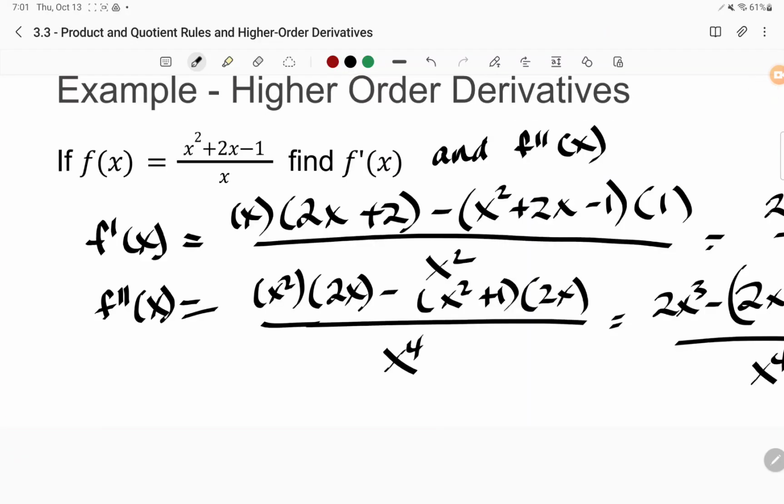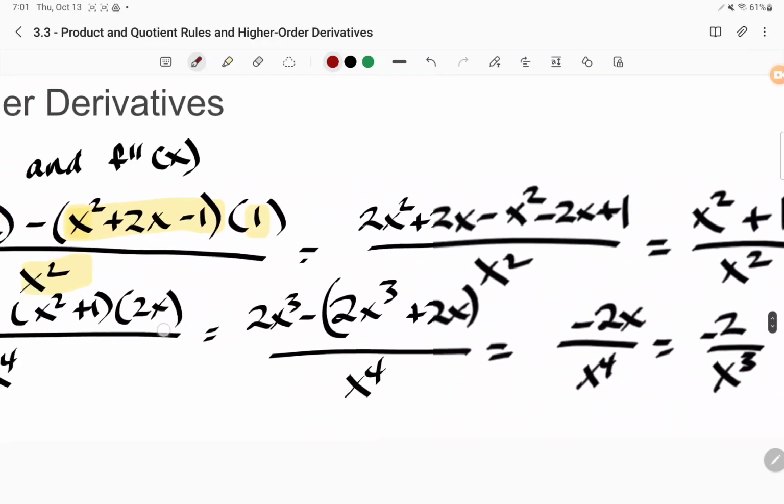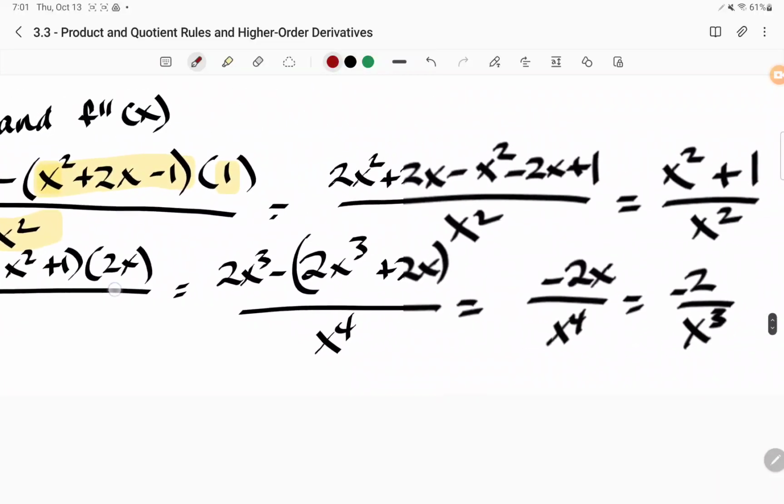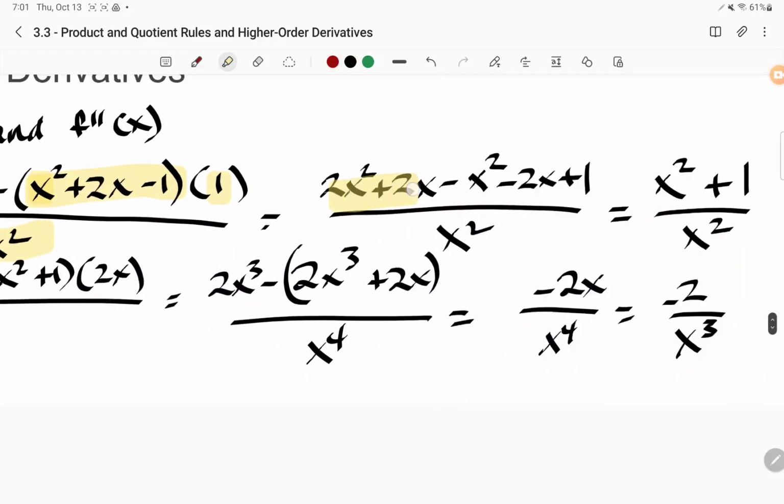Okay, so let's take a look at this one, see how we did on here. So the first derivative, it's low d high minus high d low over low low. Then when we simplify that, we are having to multiply this n on that one, and you end up with 2x squared plus 2x minus then all of this inside the parentheses, which is x squared plus 2x minus 1.